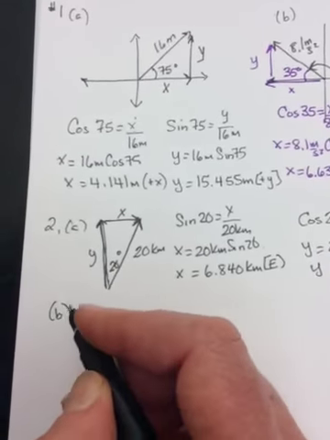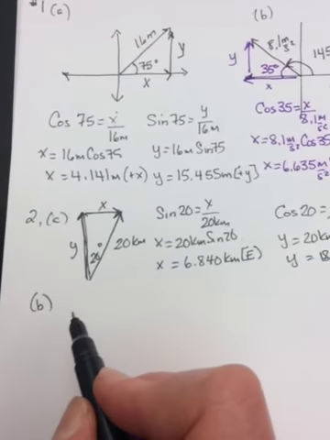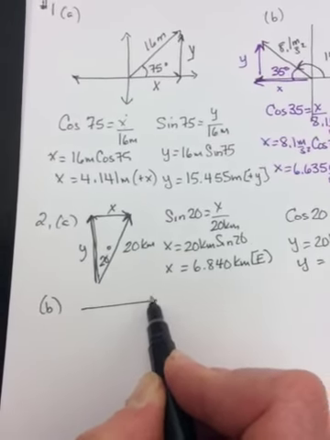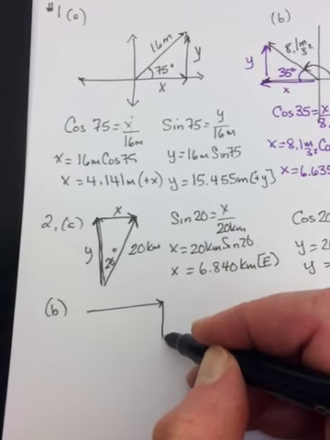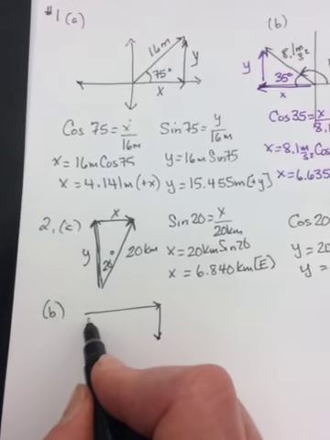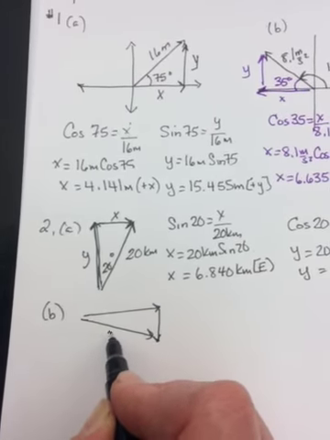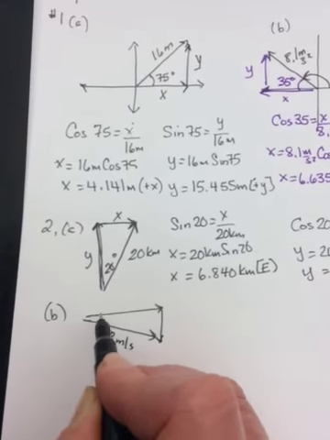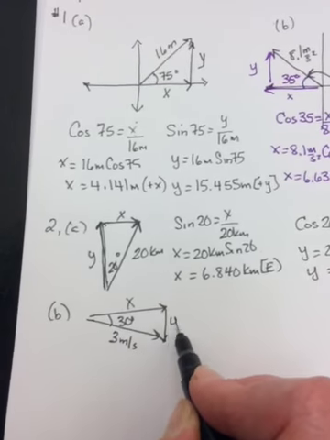B. A velocity of 3 meters per second east 30 degrees south. So east first. The angle's 30 degrees, which means it's not going to be as long as the first one. And it's going south. So this will be your resultant. And it was 3 meters per second. And this angle is 30 degrees. X, y.